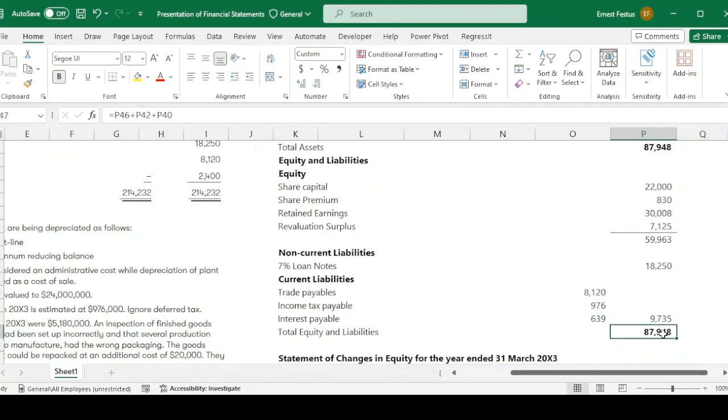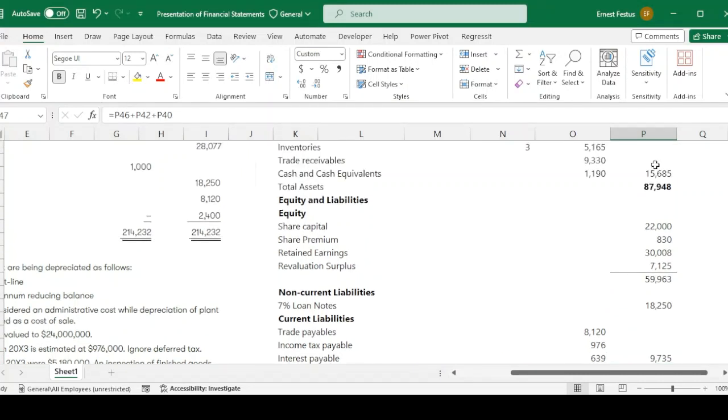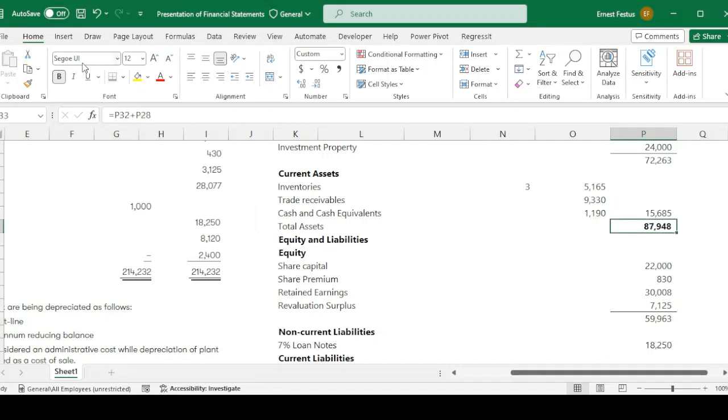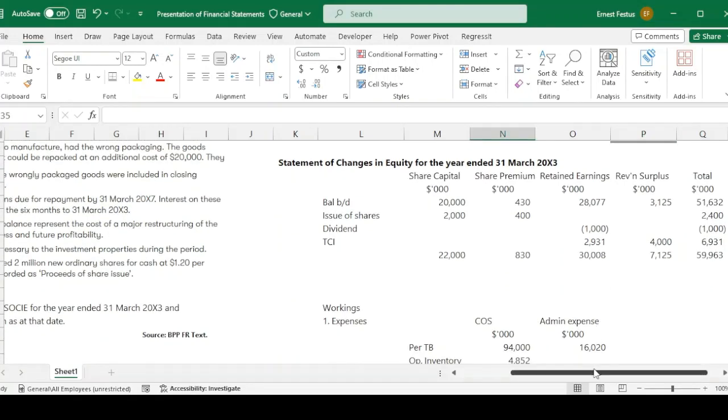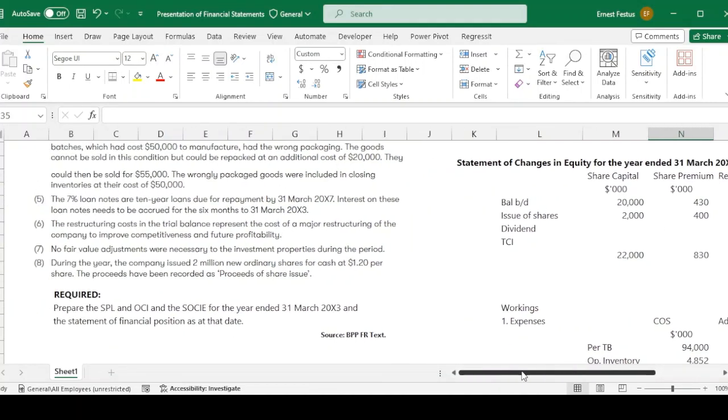So I'll bold it, and then also insert my border here, and I can bring my double borders, top and bottom. Voila, we are done with the preparation of the financial statements in accordance with IFRS.